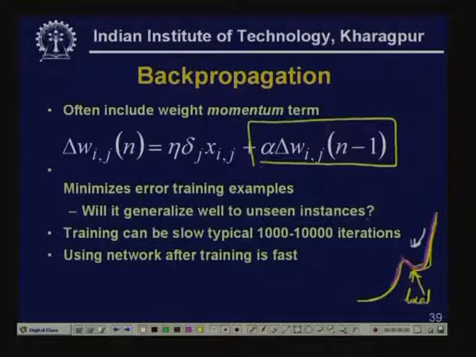So, we add to the new delta wij value the value of the previous slope, so that our ball, or our weight vector, can escape from the local minimum. By using the momentum term, we can minimize the error in training examples.